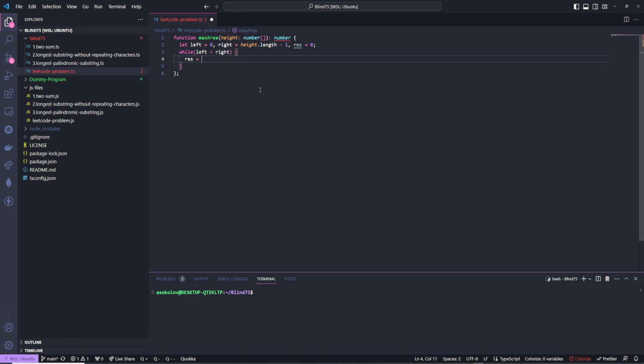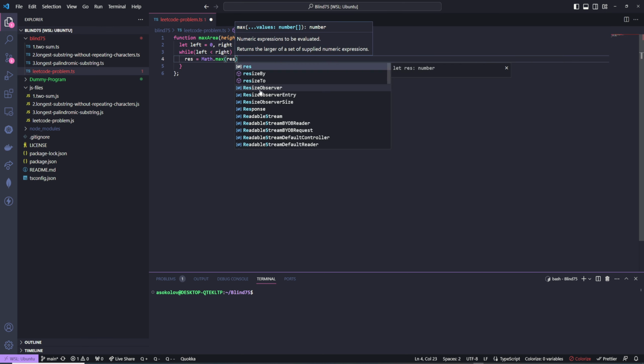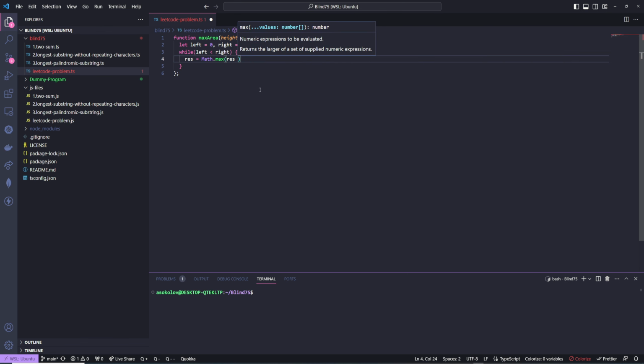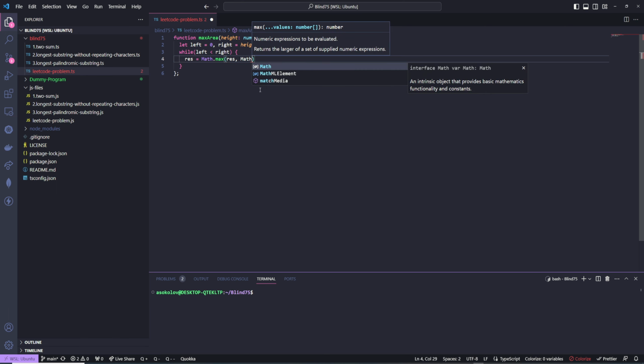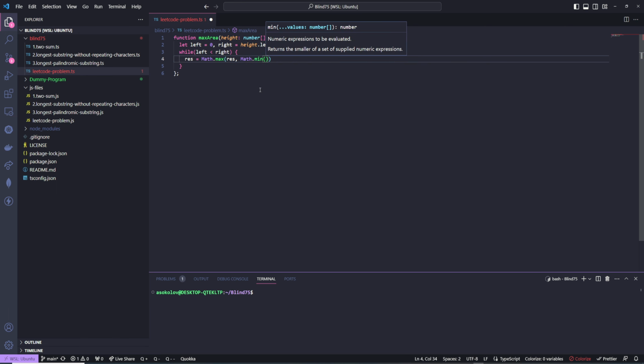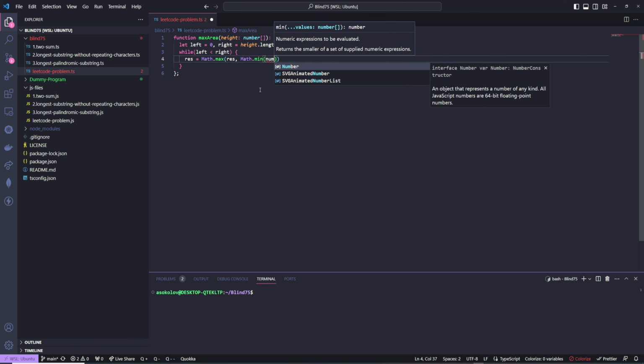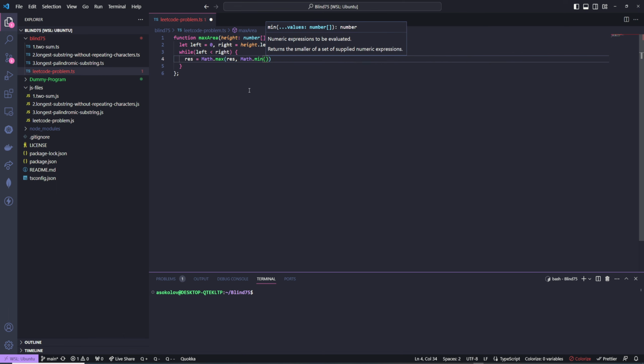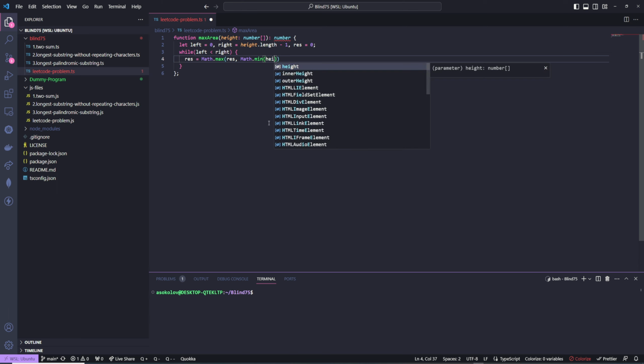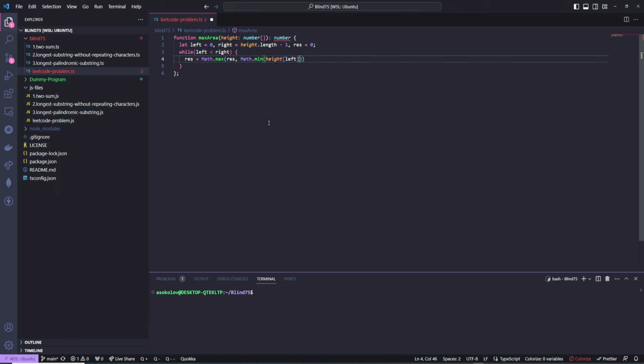say result equals, we're going to try to maximize it, so Math.max of result. And then what's our area going to be? Our area is going to be Math.min of, actually it's not nums, it's height left, height right.